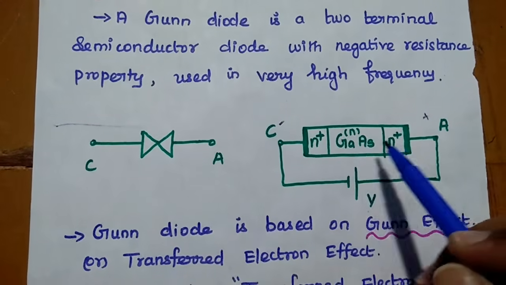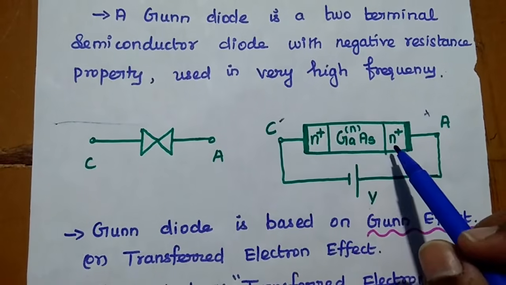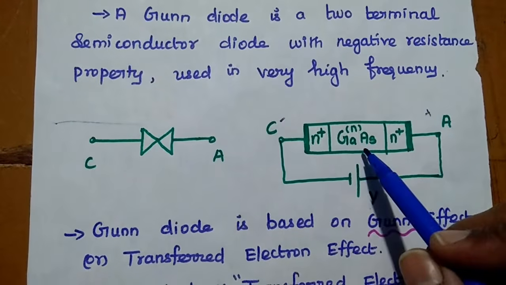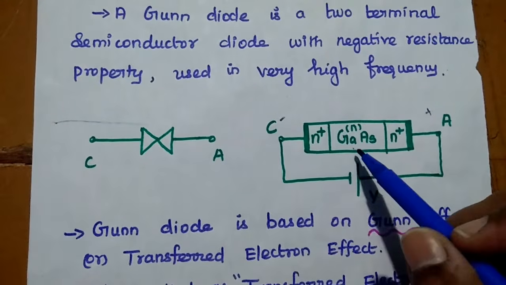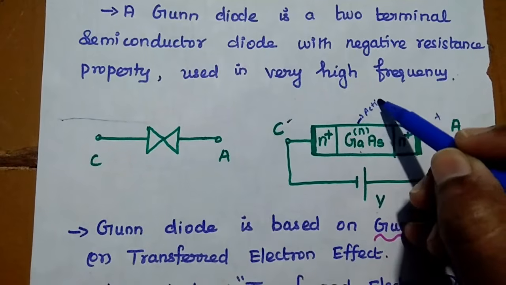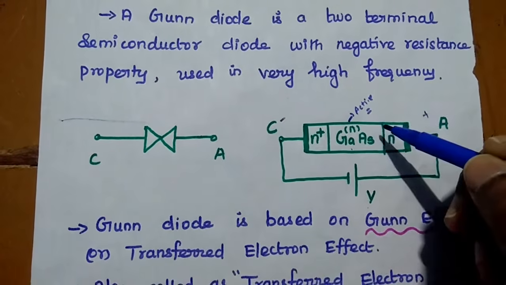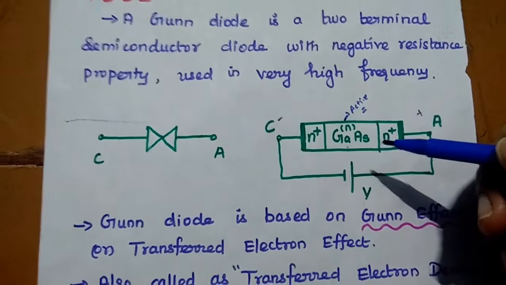Here the plus symbol represents a heavily doped region. In between we have N-type gallium arsenide. This is the active layer, meaning from this layer we can get the maximum signal transmission.